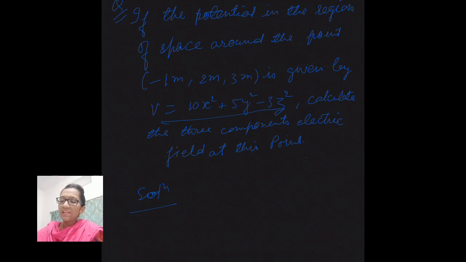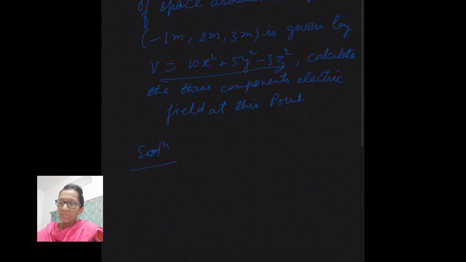Is the potential in the region of space around the point given -1 meter, 2 meter, 3 meter given by this much. Calculate the 3 components of electric field at this point. So first of all, we will be writing the formula.